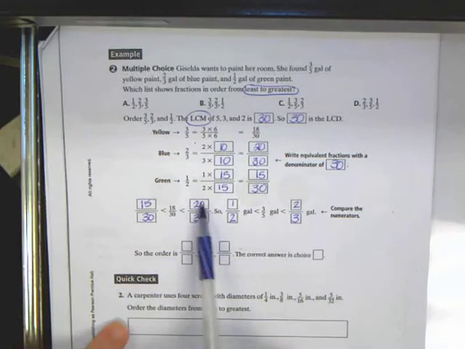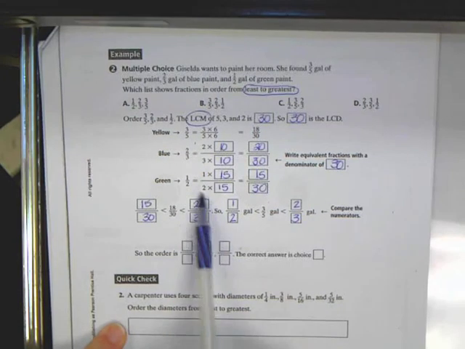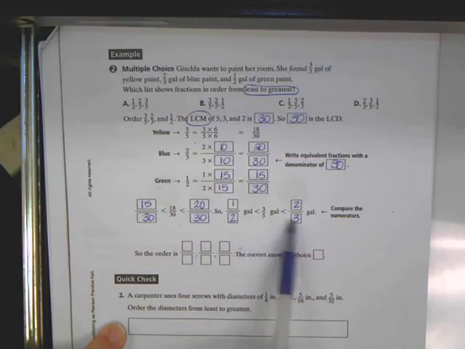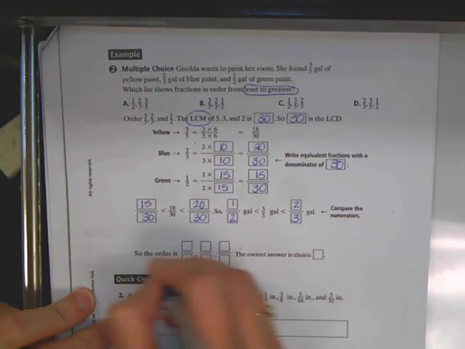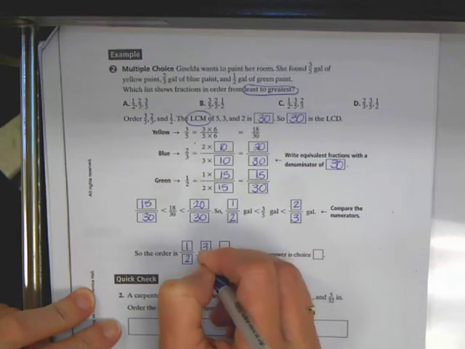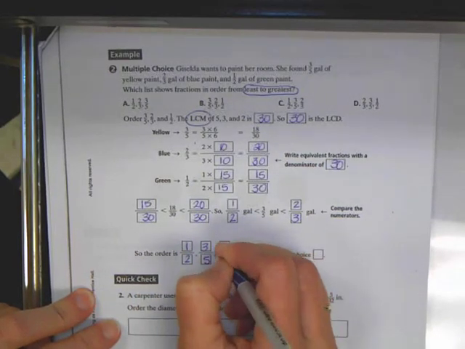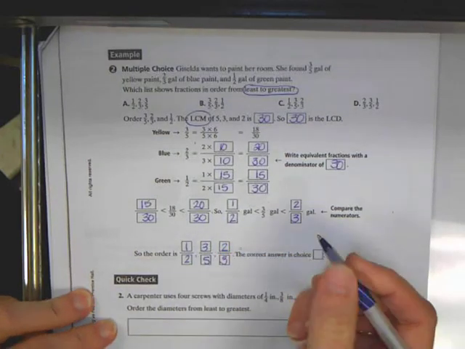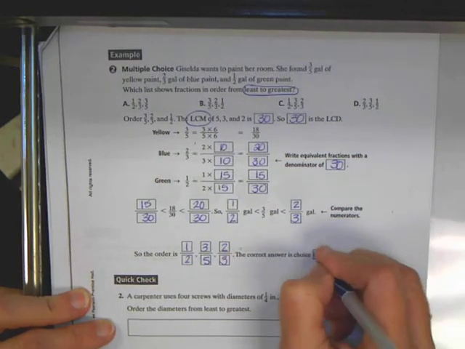I compare my numerators on the fractions that I converted, and then I put the original numbers back in the appropriate order. So the order is 1/2, 3/5, and 2/3 from least to greatest. The correct answer choice here is C.